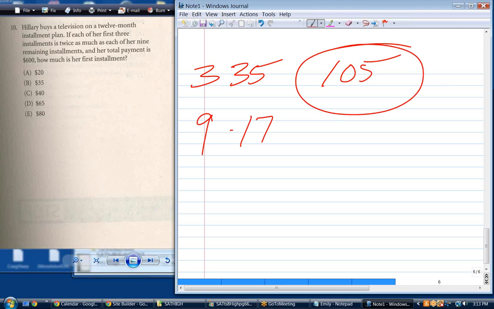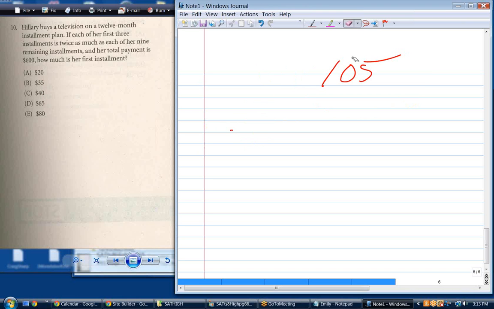In other words, this is the kind of question where when you test one number, you know whether you need bigger or smaller. That's the perfect question for back solving because it guarantees you're only going to have to do 2. So 35 told me I need bigger. The next one I'm going to try is 65.